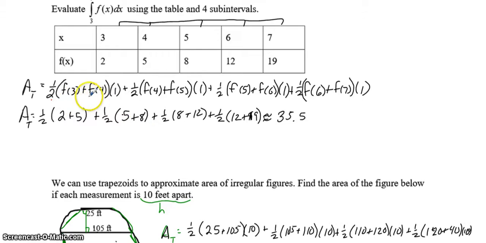But notice how f of 4 is used twice. F of 5 twice. F of 6 is used twice. And the end pieces, the 3 and the 7, f of 3, f of 7, are only used one time.